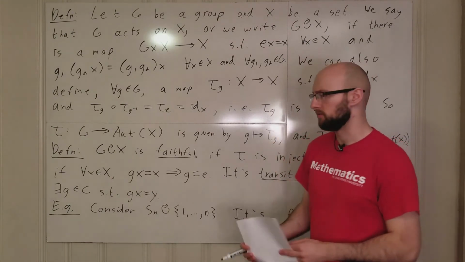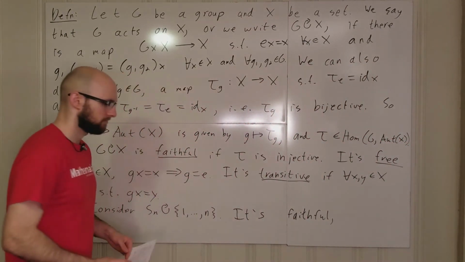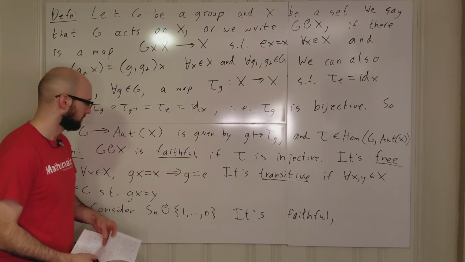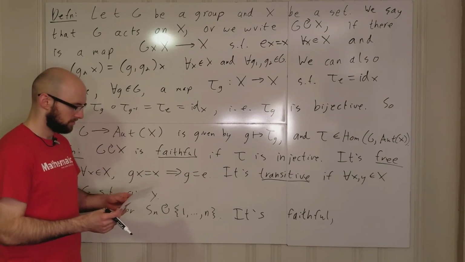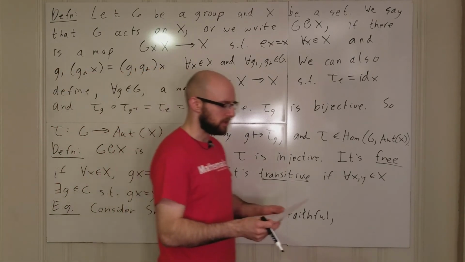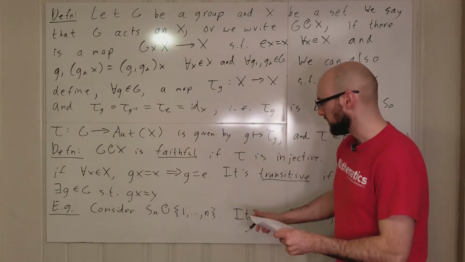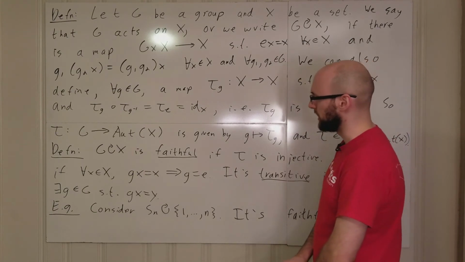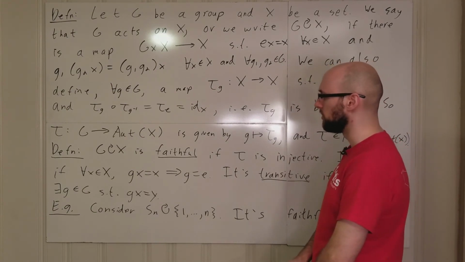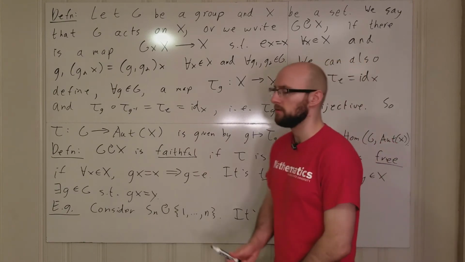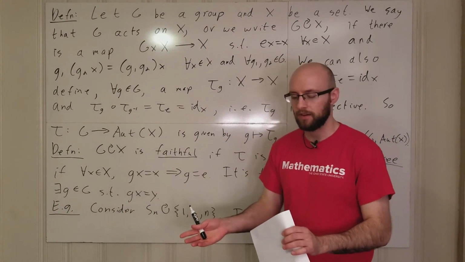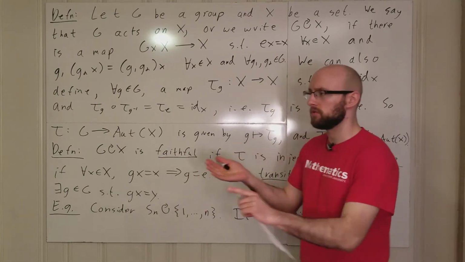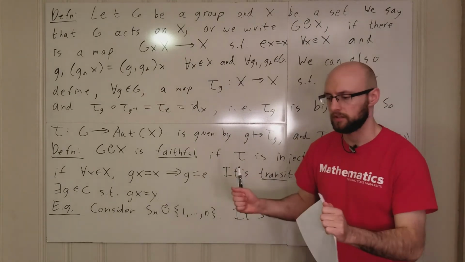What if n is greater than 1? I have written down here that this action is not free if n is greater than 1. I'm not so sure about that anymore, because consider S2, which has two elements: the identity map, and the element which sends 1 to 2 and 2 to 1. Those are the only two ways you can permute the indices 1 and 2.